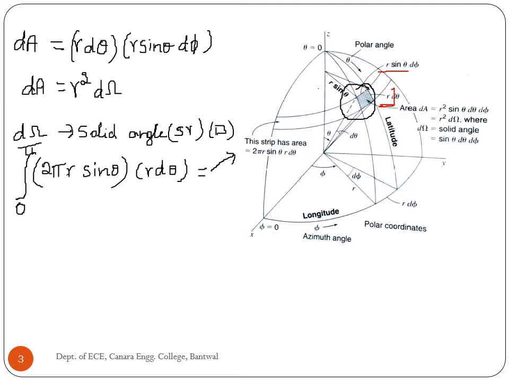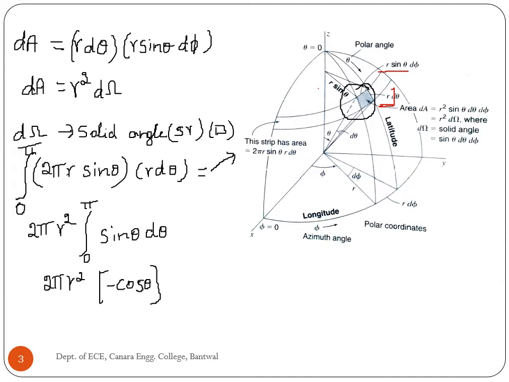When I integrate this, 2 pi r square integral 0 to pi sin theta d theta, which is equal to 2 pi r square times minus cos theta from 0 to pi, which is equal to 4 pi r square, which is the area of sphere.